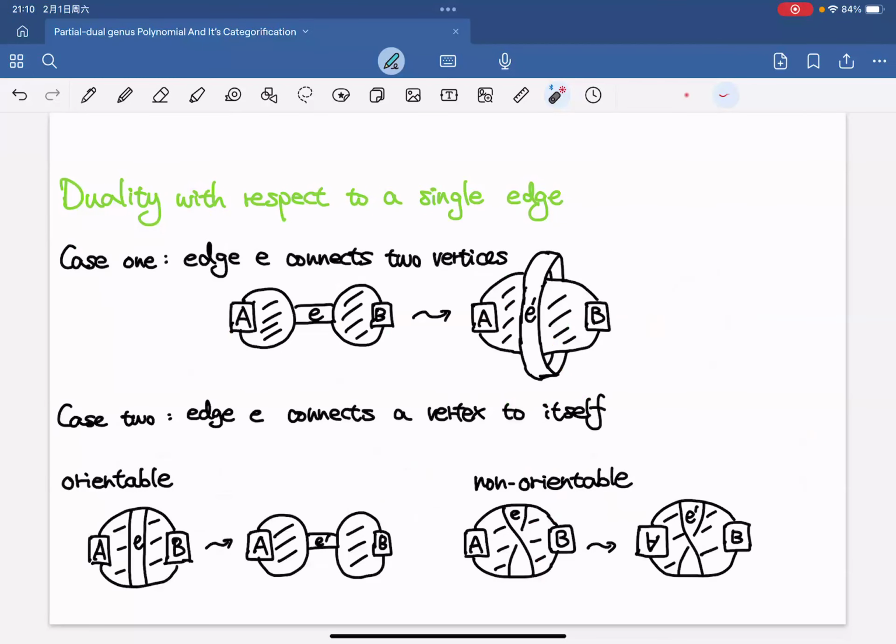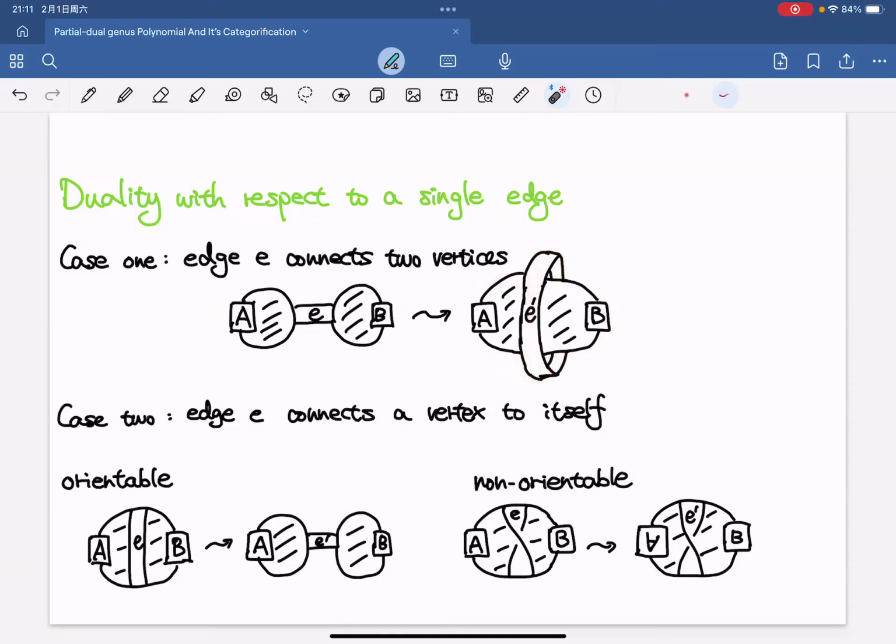Well, there is another way to construct the partial dual. If we take a subset of the edges, we can take the partial dual once for a single edge. If this edge connects two vertices just like this, then we just merge these two vertices into one, and the new edge is glued in this way.